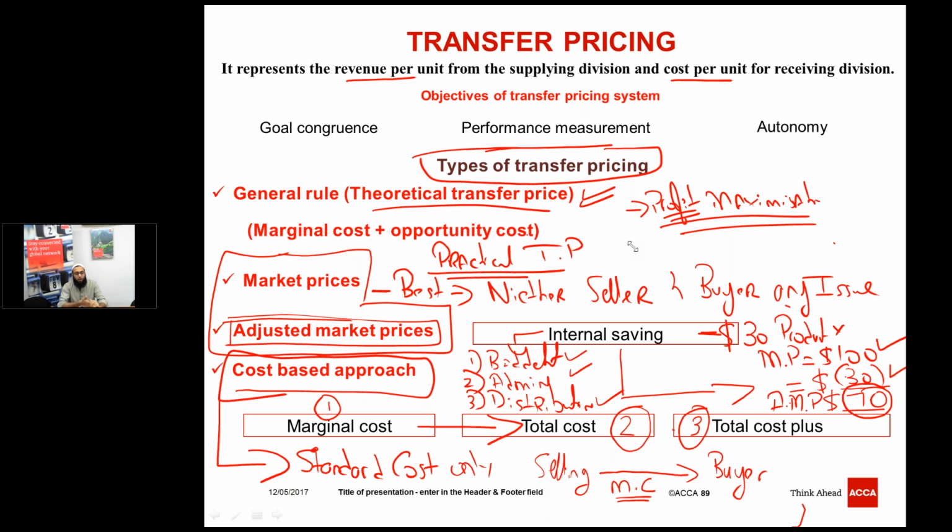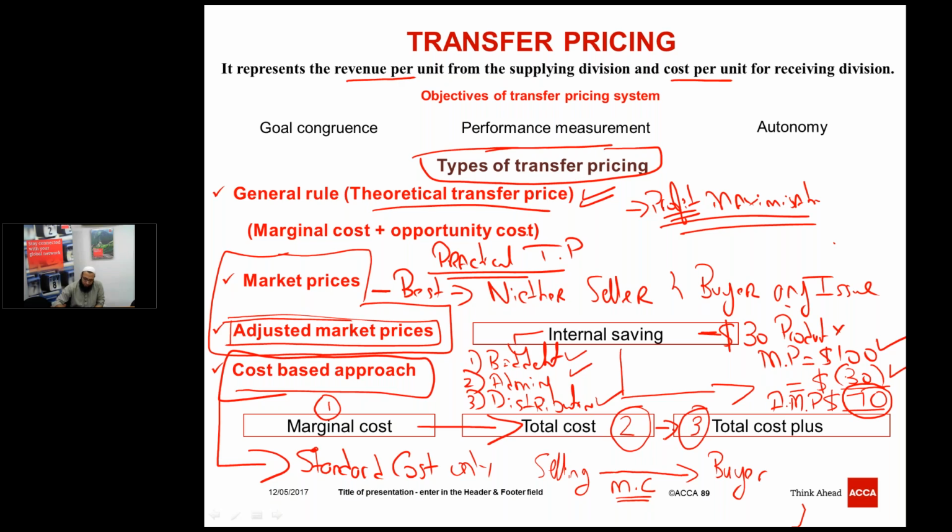So in the long run, the seller again will want some profit and will not transfer at total cost. So guys, the best option we are left with is total cost plus. And what is total cost plus? Total cost plus is an option in which the seller will keep some markup on its total cost. This markup will give profit to the seller, and this makes total cost plus a better option compared to marginal cost and full cost options.